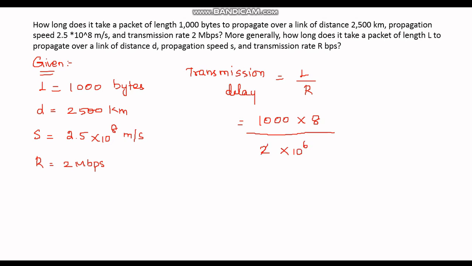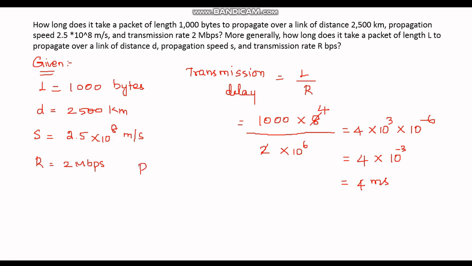When you calculate everything, it is 4 into 10 to the power of 3. 10 to the power of 6, when it goes up, is 10 to the power of minus 6. So it becomes 4 into 10 to the power of minus 3, which is nothing but 4 milliseconds. So the transmission delay is done.